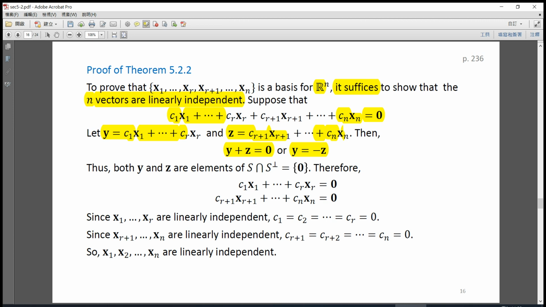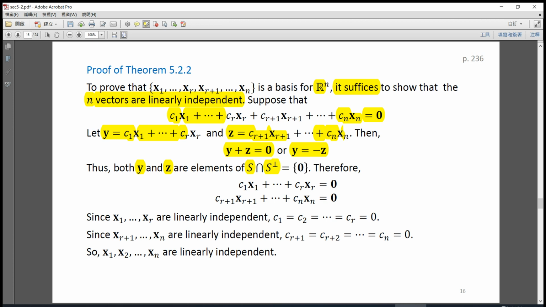We know that y is in S because y is a linear combination of elements in the basis for S, and z is in S perp because z is a linear combination of elements in the basis for S perp. And because y equals negative z, we know y is also in S perp.